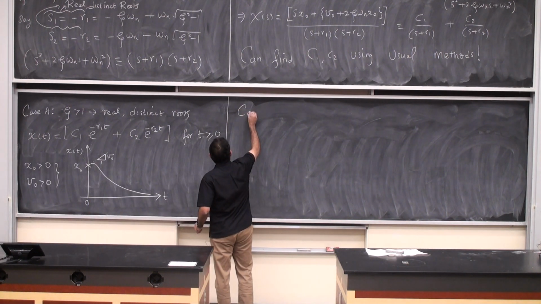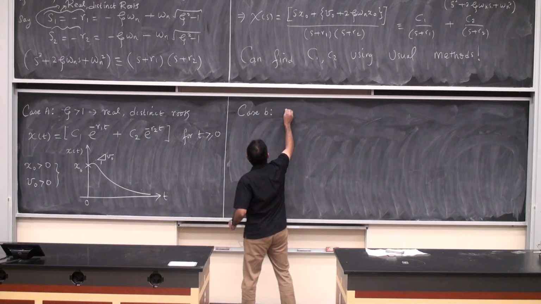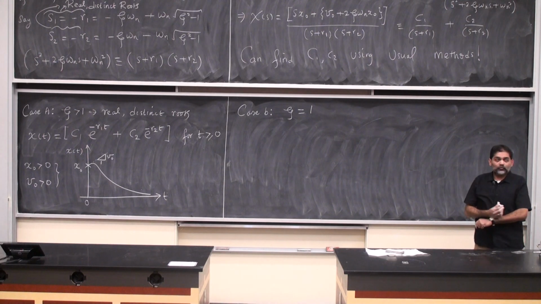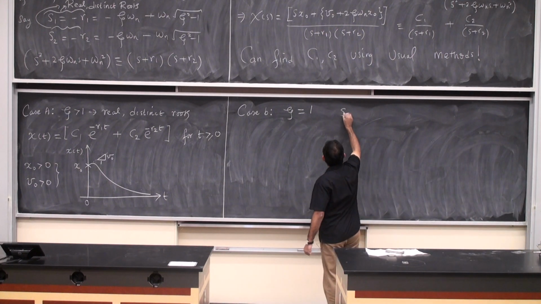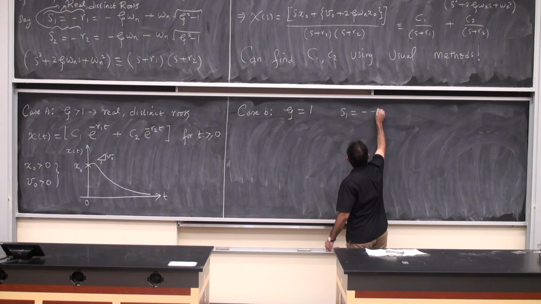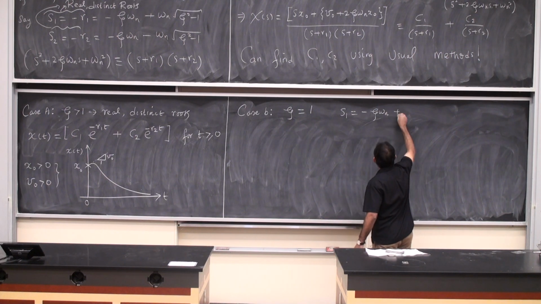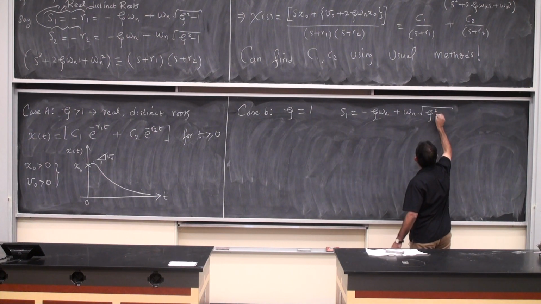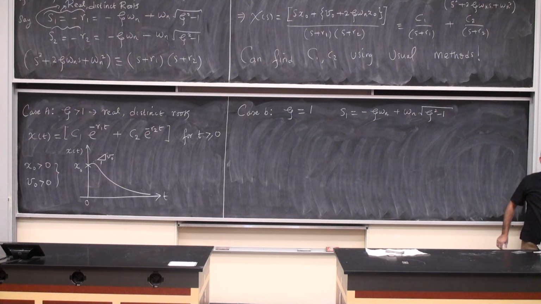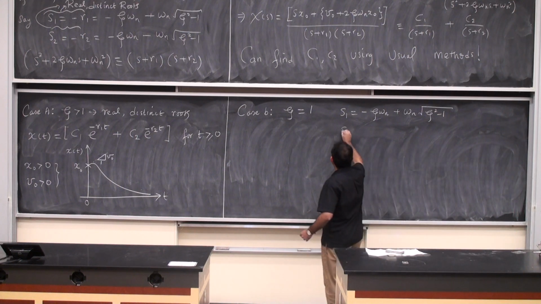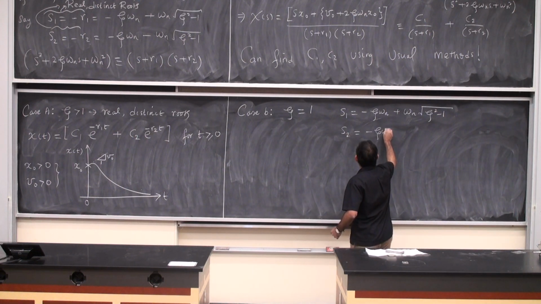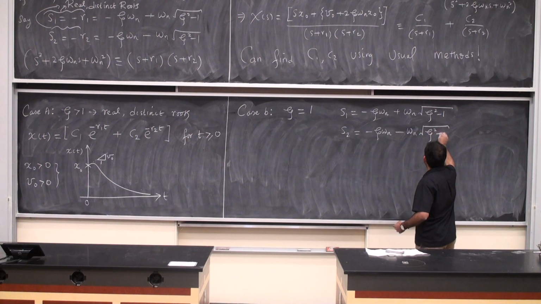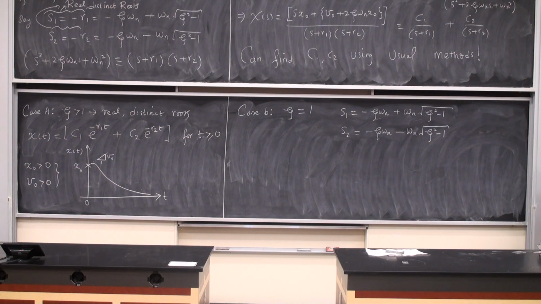Case B is theta is equal to 1. Let me look at the roots of the characteristic equation. S1 is minus theta omega n plus omega n times square root of theta squared minus 1. This is the first root. The second root is likewise minus theta omega n minus omega n times square root of theta squared minus 1.